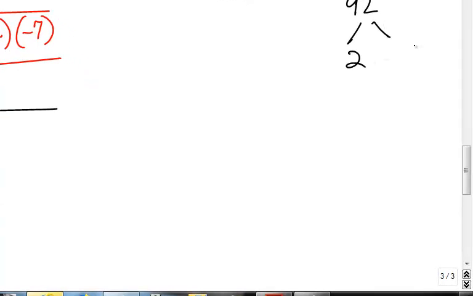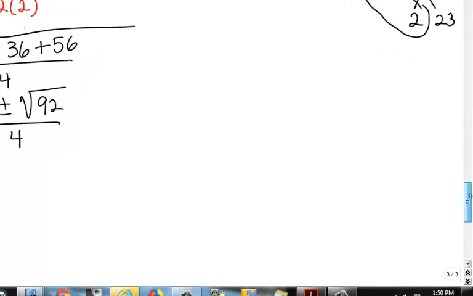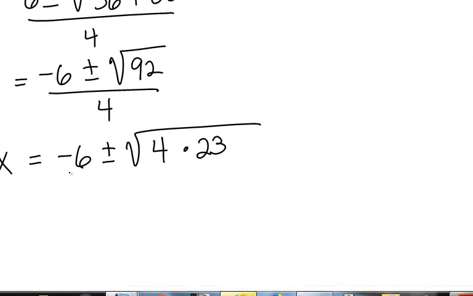That goes in there, 46. 46 is even. Divide by 2. 23. Here's your perfect square. 2 times 2 would be 4. So we can split that up into 4 and 23. So x equals negative 6 plus or minus the square root of 4 times 23, and it's all over 4.